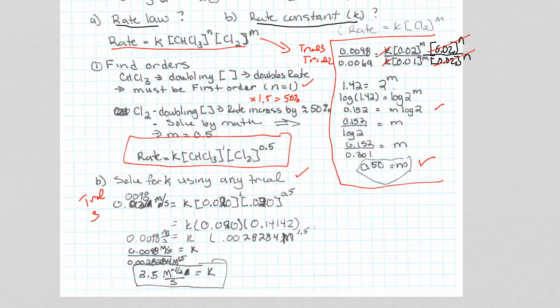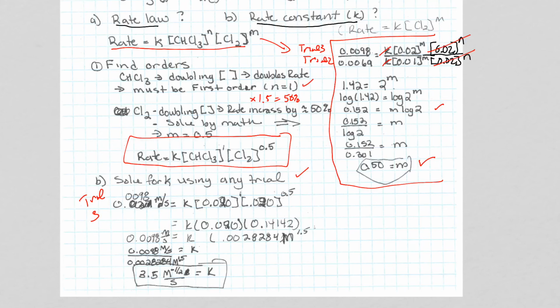So my rate is 0.0098, and the units are molarity per second. So for the rate constant, we plug in whatever our concentrations are. In this case, they were both 0.02, raised to our particular exponents, and then we just solve. Raised to the first order, that's itself, so this is 0.02. If we take 0.02 raised to the half order, we get 0.14142.